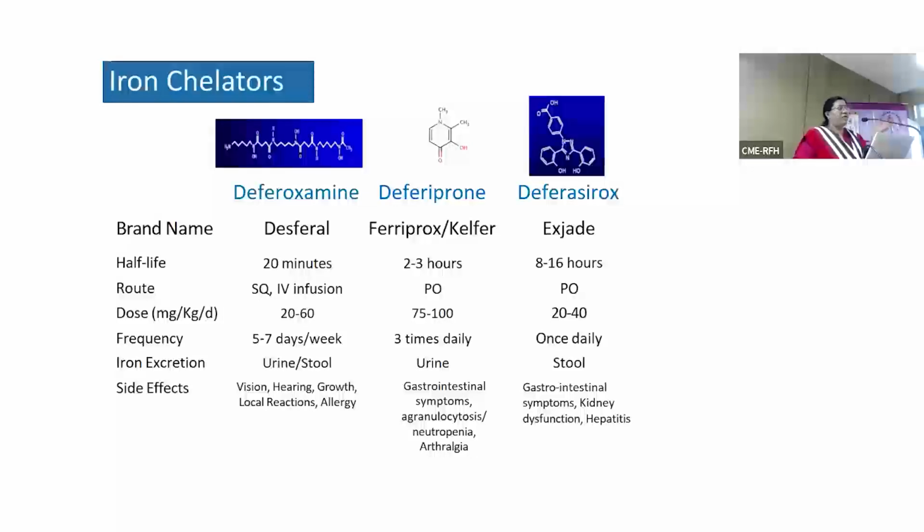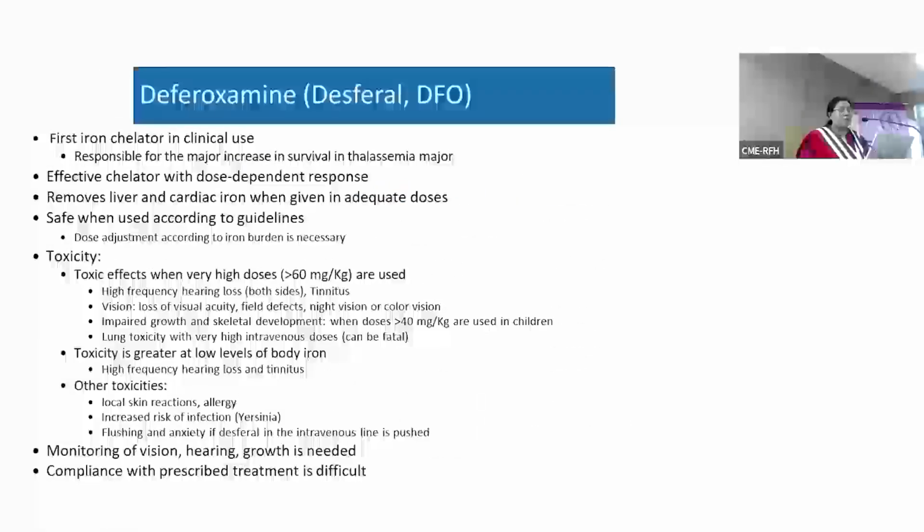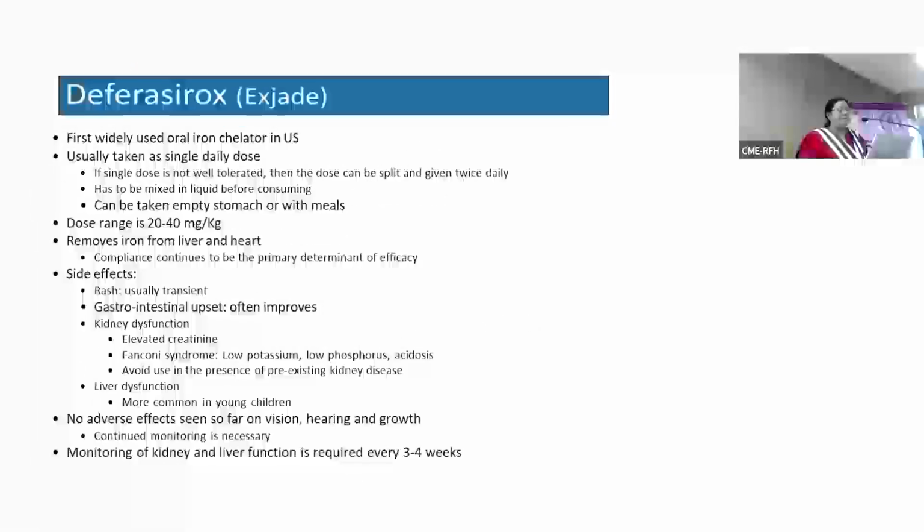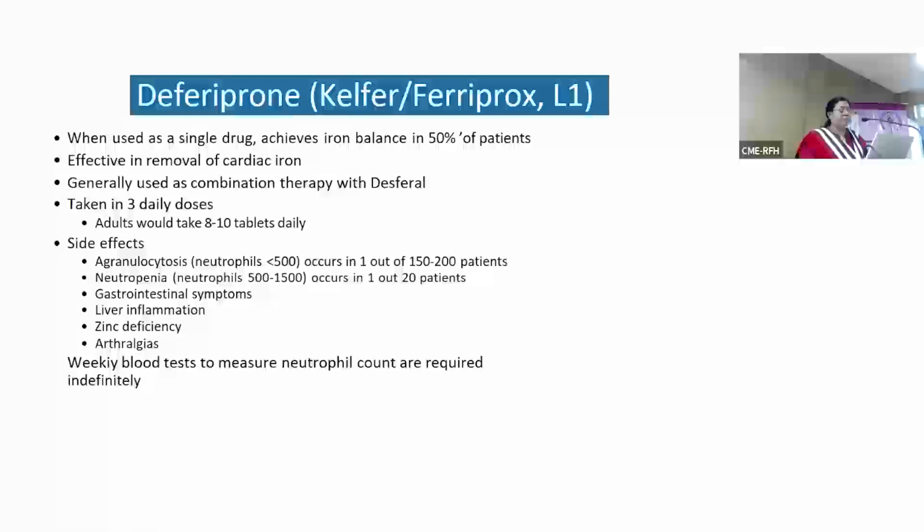You can take it half an hour after meals, or 3 times a day if the dose is very high. So that is about deferasirox. It is contraindicated if you have any renal toxicity or liver problems. Basically, it is the same description which I just discussed about all three drugs: the toxicity level, the monitoring, and the doses. So all these three tables are about the same drugs.